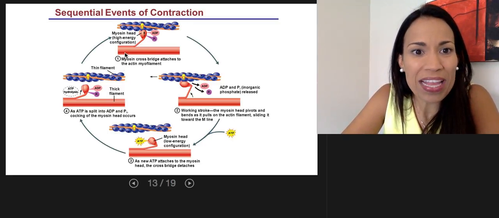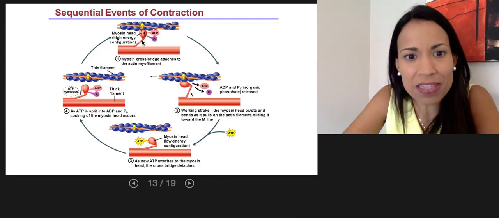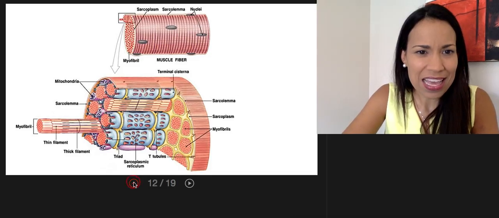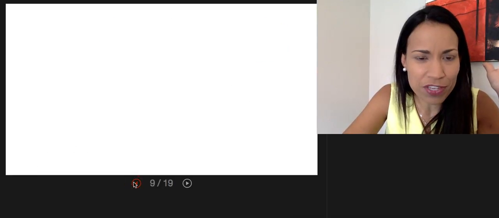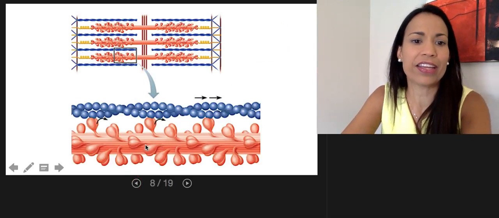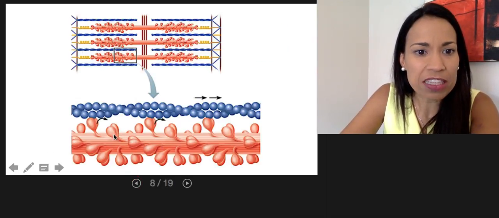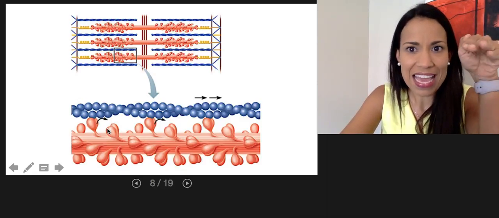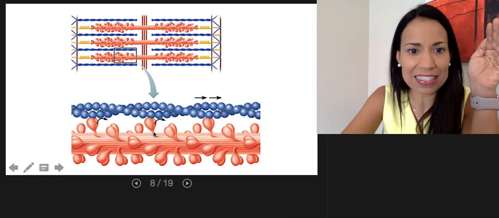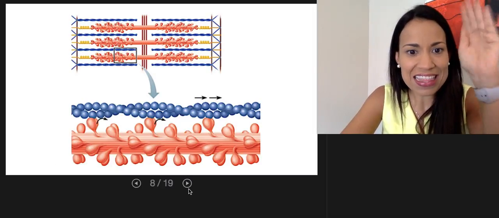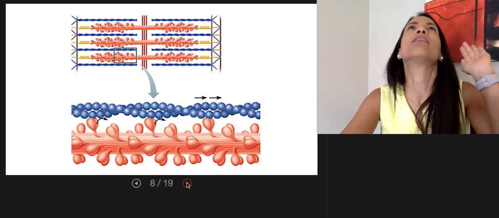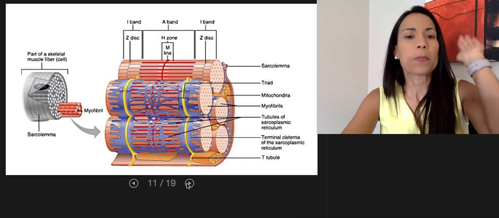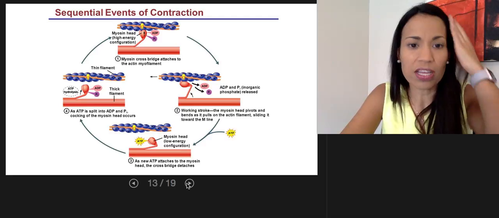The myosin filament, as I showed you in the previous video, consists of all of those little myosin heads, and these heads have a neck that can pivot like this. Remember the cilia? They can push in one direction.